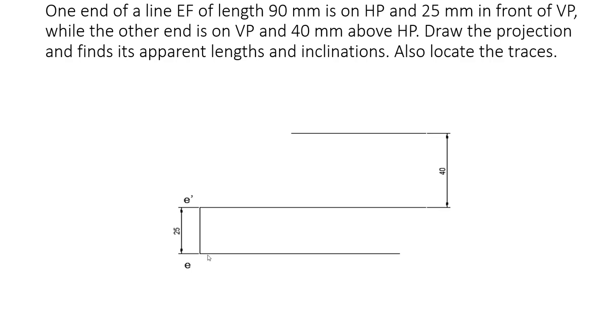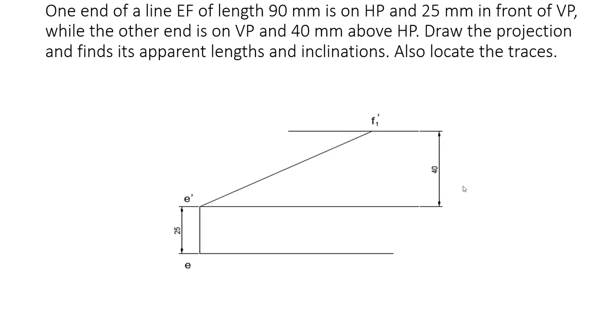Now since it is given that the other end is on VP and 40 mm above HP, since the point is on VP, the top view of that point will be on the reference line itself, whereas since it is 40 mm above HP, the front view will be 40 mm above the reference line. So from here, keep some distance like this, and mark a point here at 40 mm above, then draw a reference line, draw the locus like this, and also do the dimension like this.